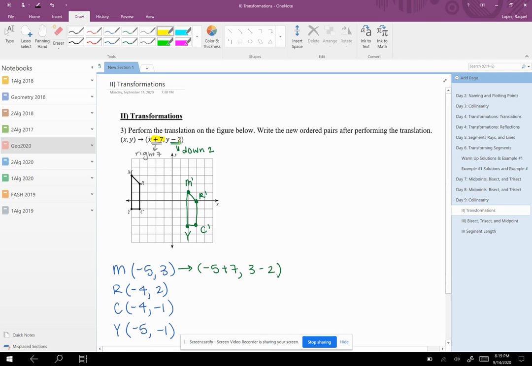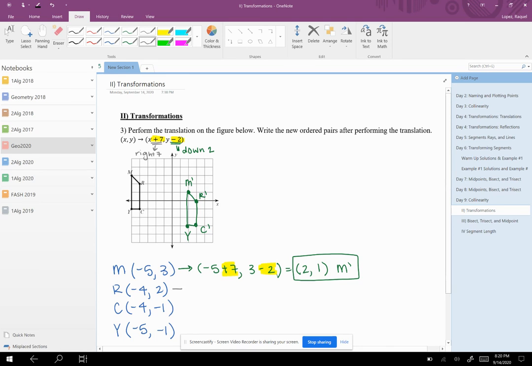So I'm just basically taking this part, the plus 7 and the minus 2, and I'm doing it to the ordered pair. So what that's going to give me, -5 plus 7 is 2, and then 3 minus 2 is 1. So that's my new point. That's M prime. And it does match up with what I drew in the graph paper there.